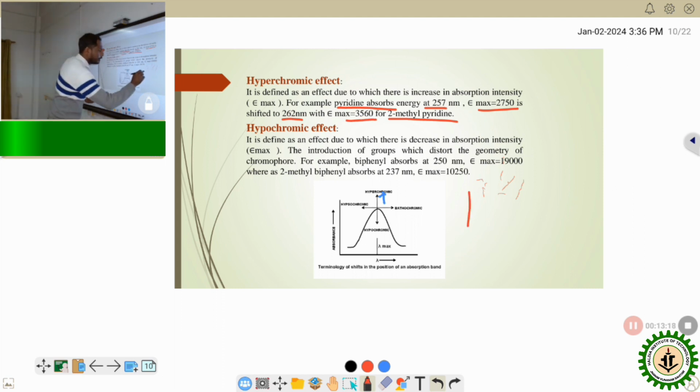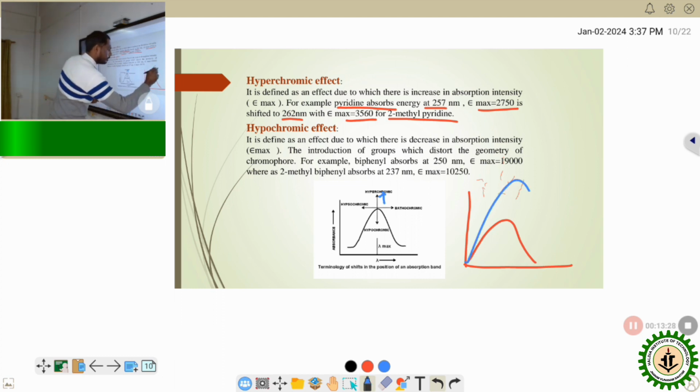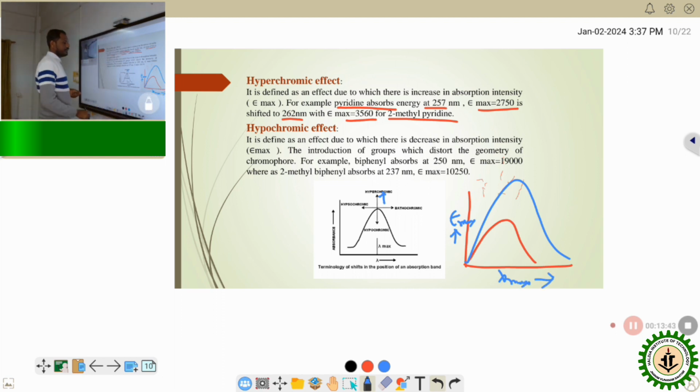So if we plot this, this is the shifting, with wavelength and epsilon.